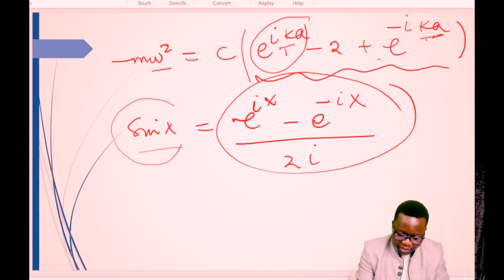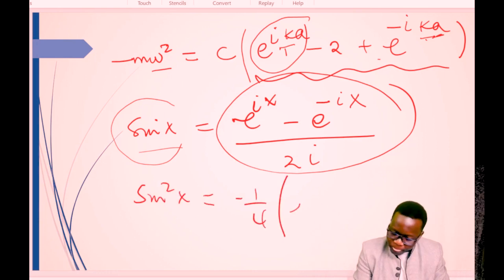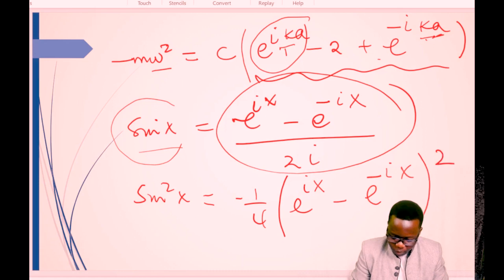So you realize that it's connected to sine squared x, which would give you minus a quarter into e to the ix minus e to the minus ix, all squared. That's what it would mean.